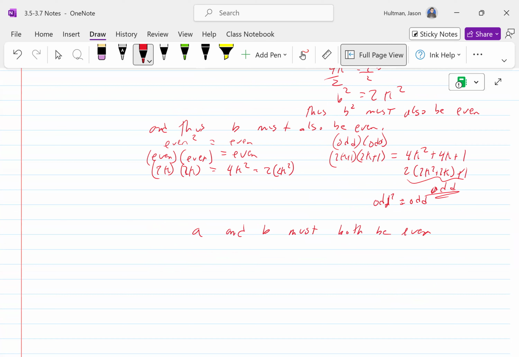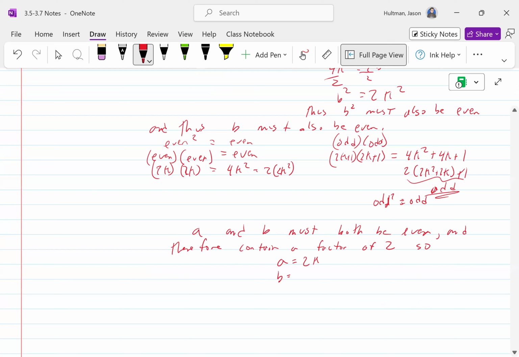Since a and b are both even, and therefore contain a factor of 2, if a is an even number, it's 2 times some value, we'll call it k.